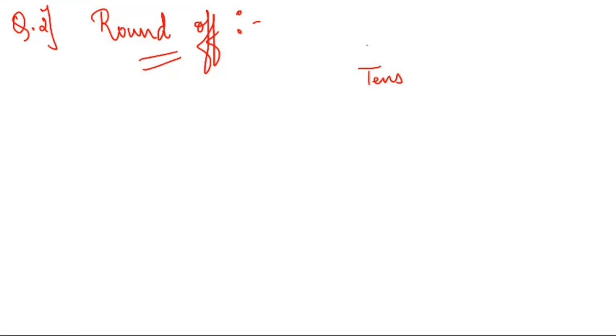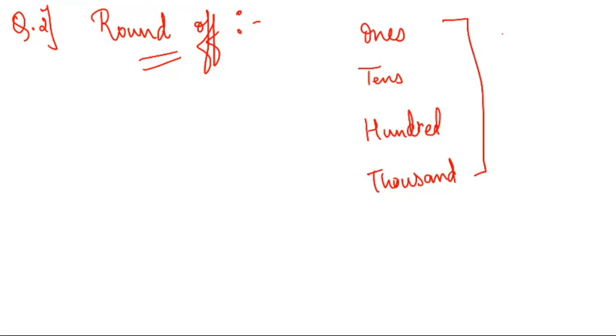If the number in that place is 5 or less than 5, 5 है या 5 से लेस है, तो हम वो नंबर को क्या बनाते हैं? We make it as 0. If more than 5, अगर 5 से ज़्यादा है तो हम उसको किससे ऐड करते हैं? We add 1 and make the other numbers 0. उसके जो बाद के नंबर्स हैं हम उसको क्या बनाते हैं? We make it as 0.